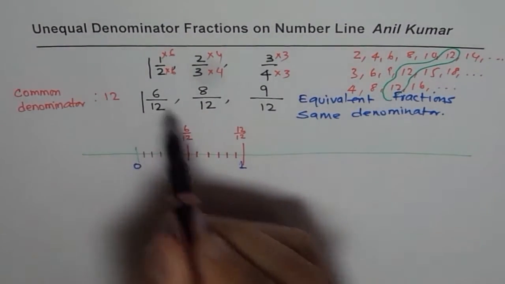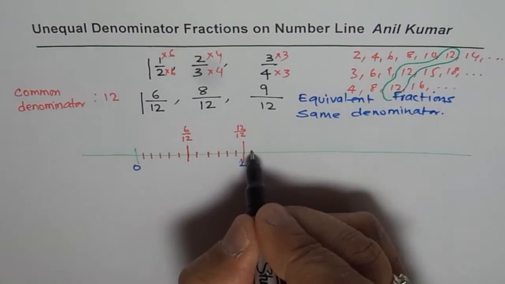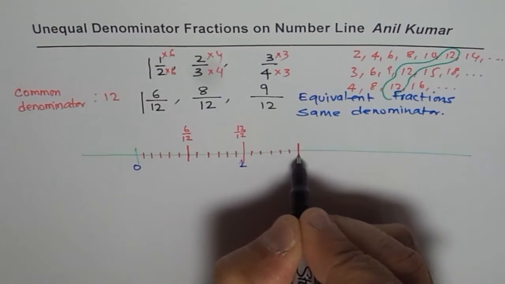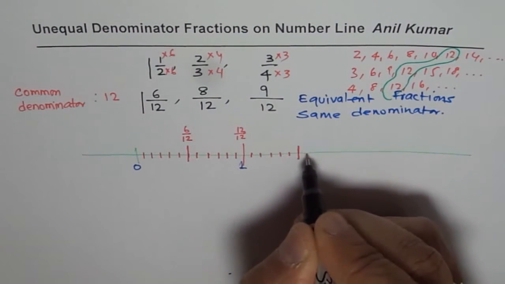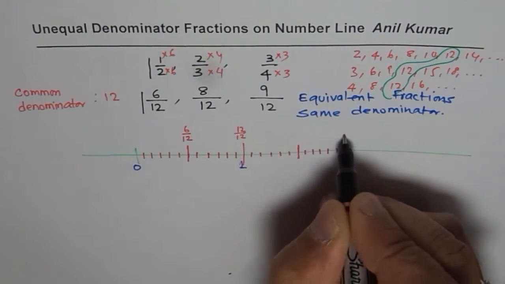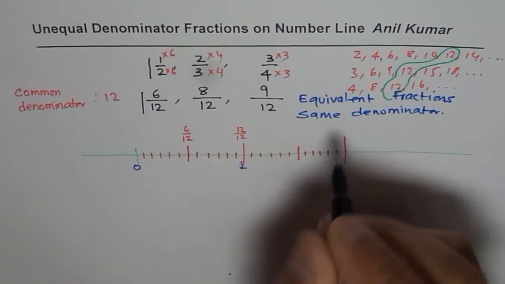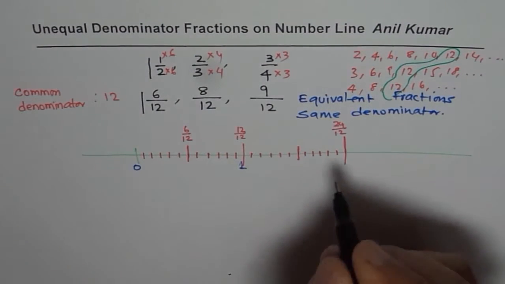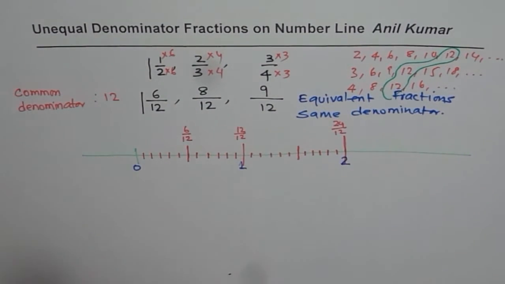Again, since we need more than 1, let's continue. 1, 2, 3, 4, 5, 6. So this is half of that. And then 1, 2, 3, 4, 5, 6. So this is 24/12, which is number 2 for us. So you have 1/12 marks on this number line.